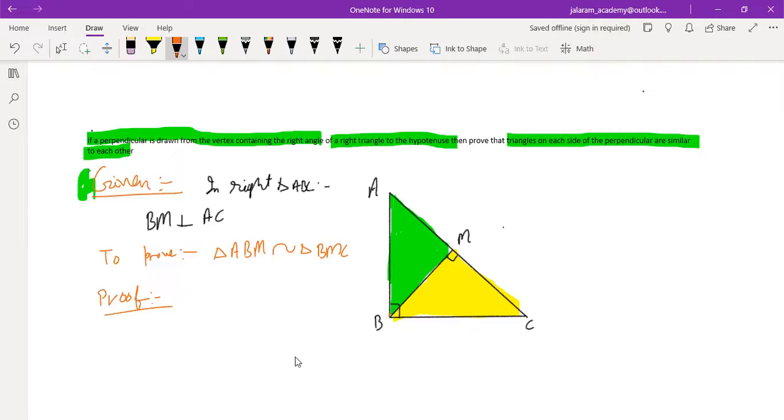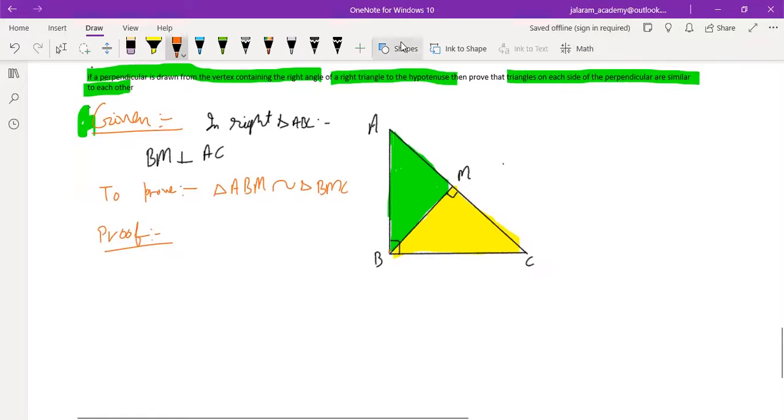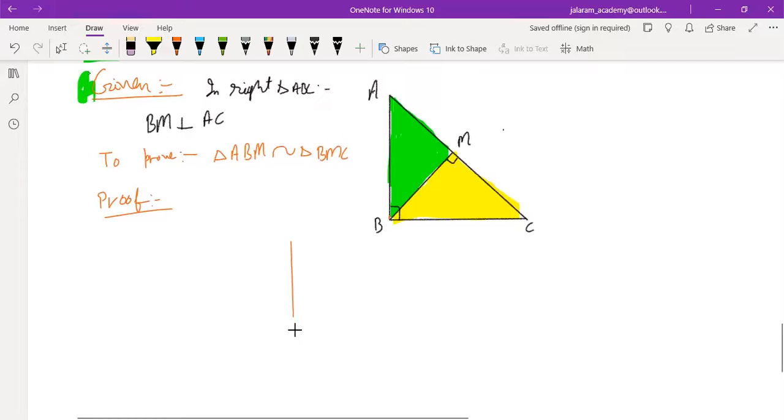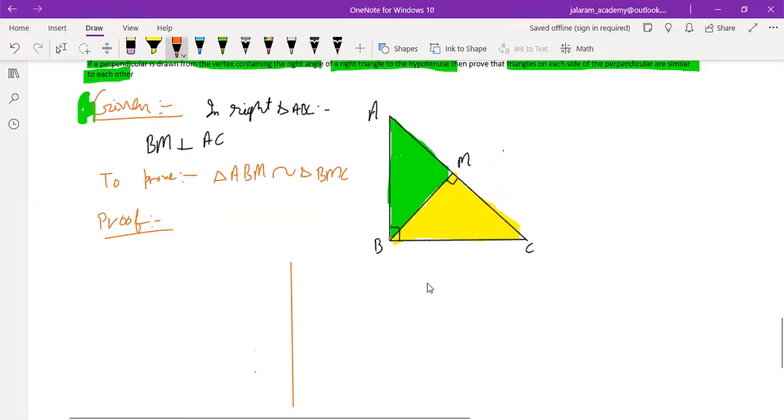Always write these three headings. Then in proof, draw two columns. In one column, we will write a statement. In the other, we will write the reason. So what are the angles which are equal? First, we have to search for the angles which are equal. So look at this. First of all, name the triangles.